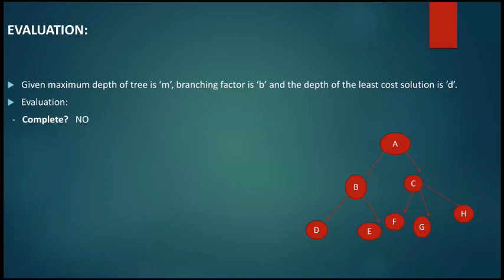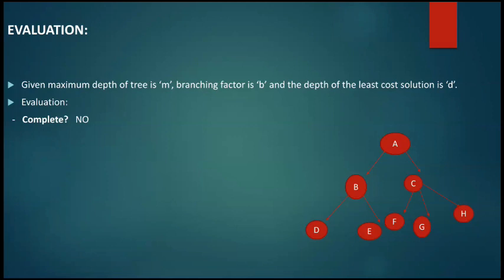When we see the traversal of this algorithm, from A it goes to B, then from B it goes to D. Now let's imagine the case where the depth of the tree is infinite. Let's say the goal node is C only, but here it moves to A, then B, then D, then it moves downwards to infinite length.